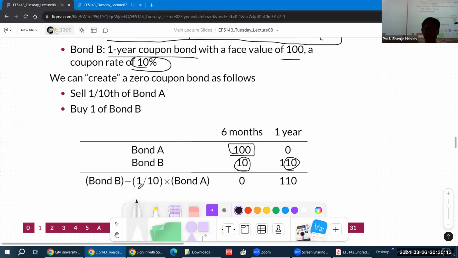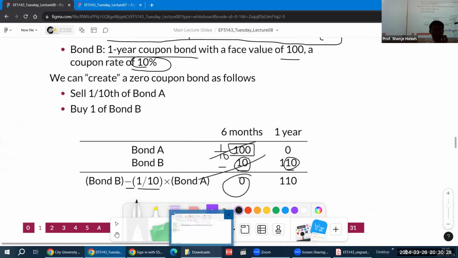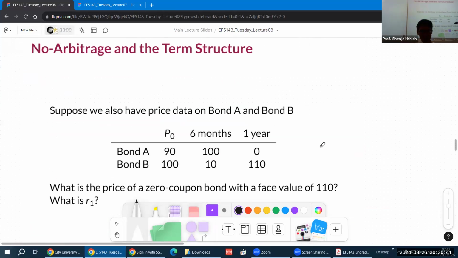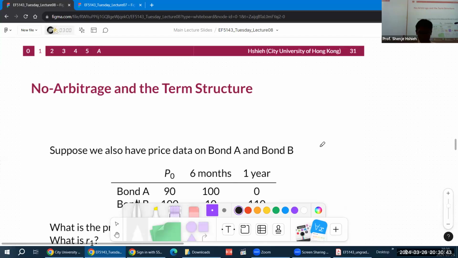So if we take 1/10 of bond A, in which case this 100 is divided by 10, and we subtract it, these two cash flows cancel out precisely at 0, right? And so the final bond, this zero coupon bond, this portfolio of bonds, is just a single bullet payment of 1/10 in 1 year. Right?